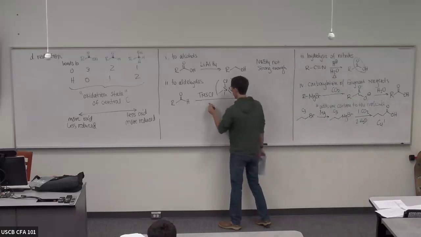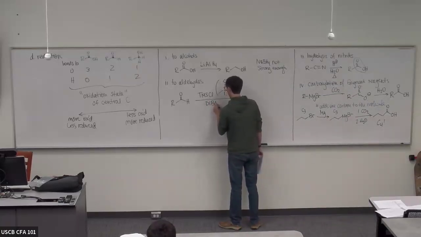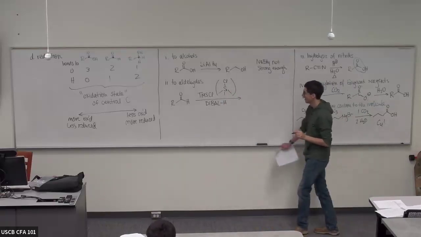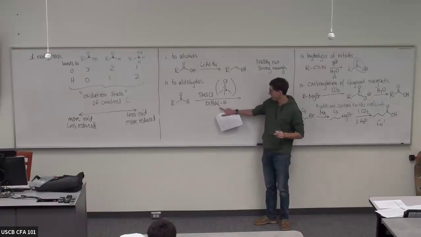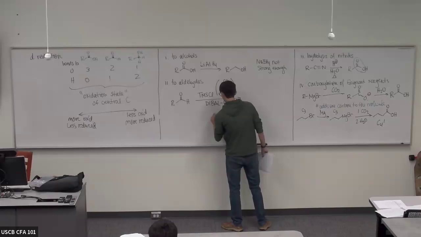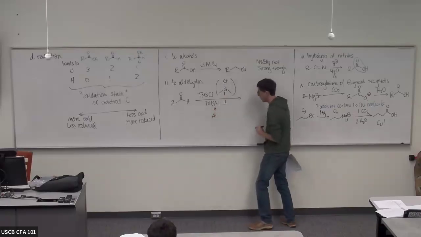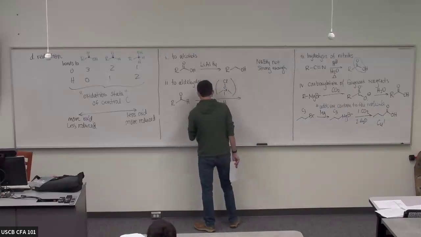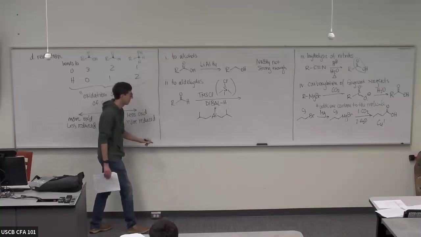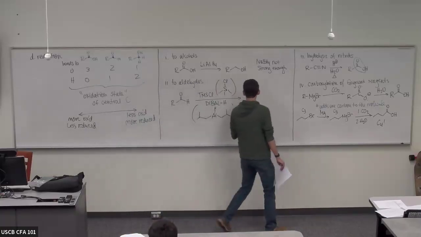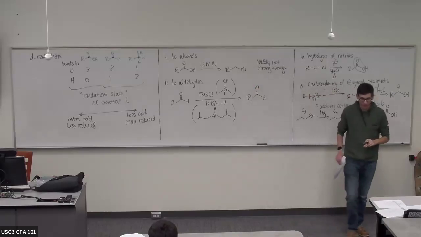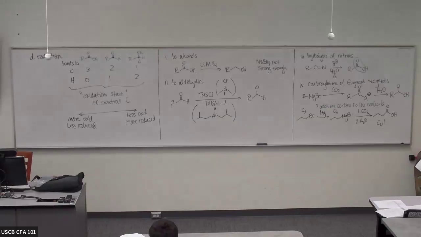We also need DIBAL-H, diisobutyl aluminum hydride. There's our aluminum hydride part, and it's got 2 isobutyl groups, which look like that. And that gets us to the aldehyde. It seems like a lot of work, but it's actually a pretty common reaction to do in research chemistry.